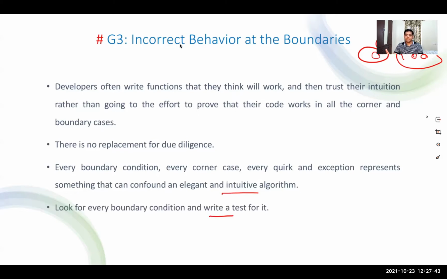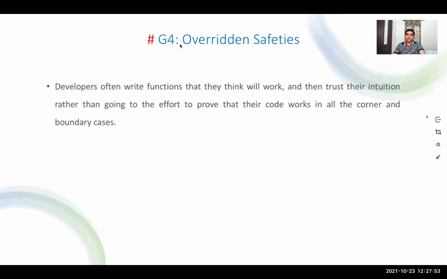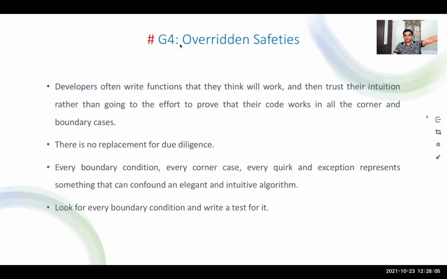Incorrect behavior at boundaries is a bad smell that something is not written very neatly or cleanly. And then overridden safeties: as developers, we also write functions and trust our intuition that they will work in all cases.